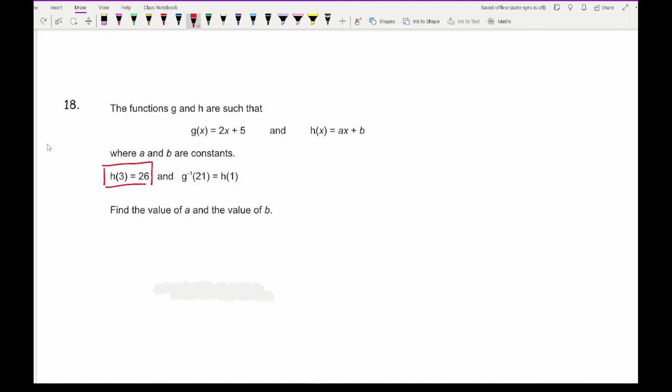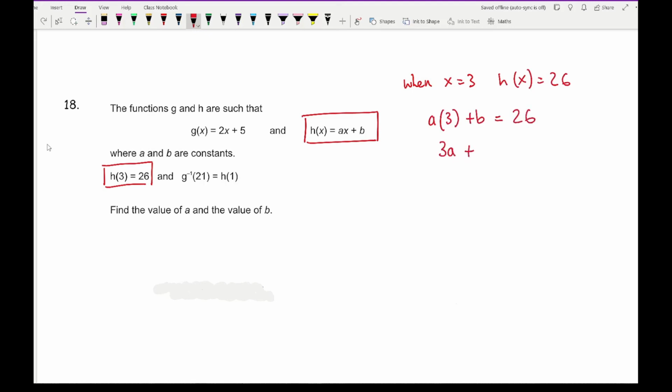If I substitute this into this, then I know that when x equals 3, h of x equals 26. So substituting it in, I get a multiplied by 3 plus b equals 26. So if I just neaten that up, I get 3a plus b equals 26.